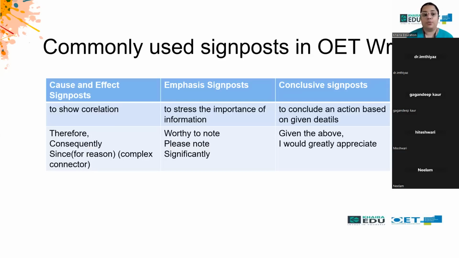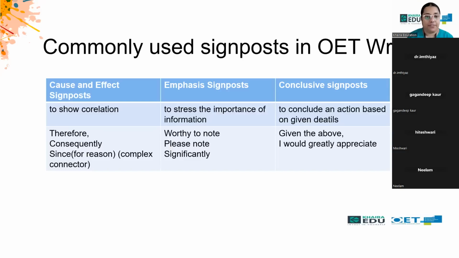So many a times you have cause and effect situations in your letter. When one action happens because of another action, we call it cause and effect. We use cause and effect signposts in order to indicate that this is the result of a particular action. So to show correlation, we use these signposts.